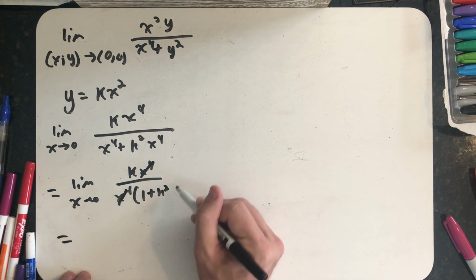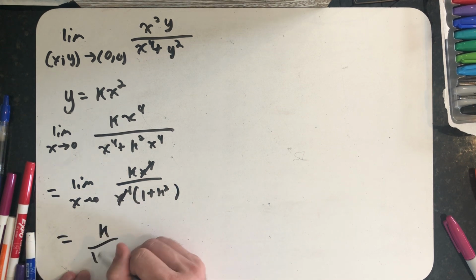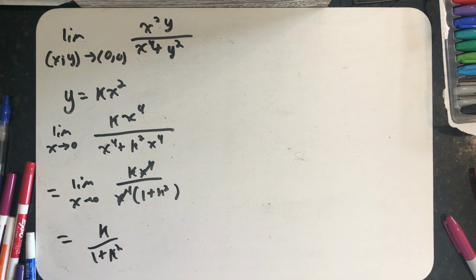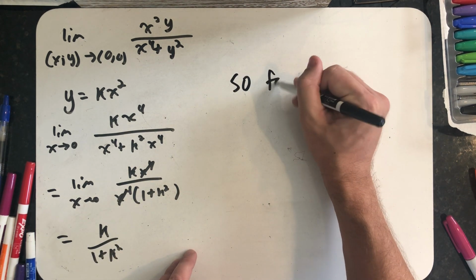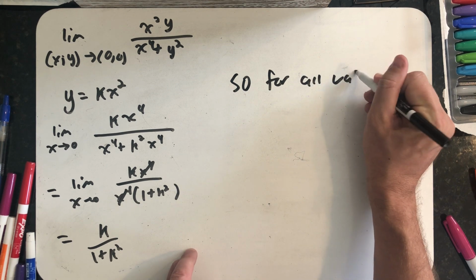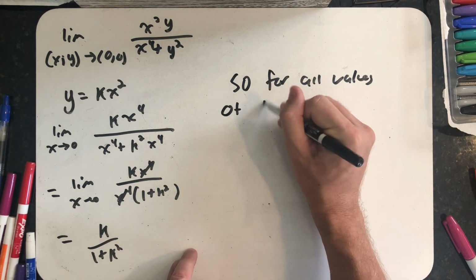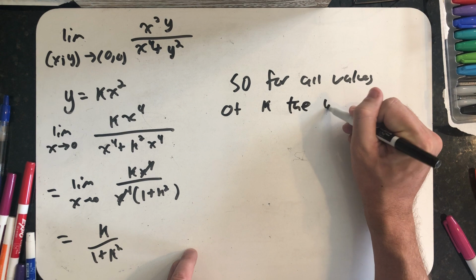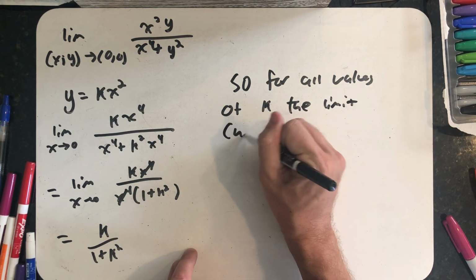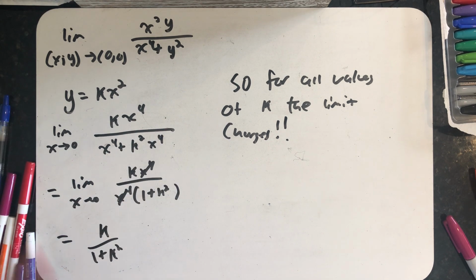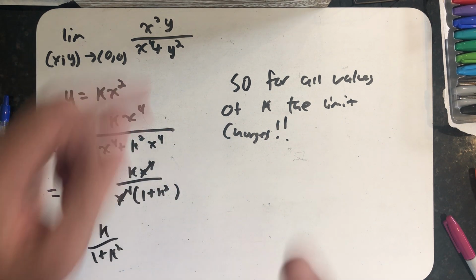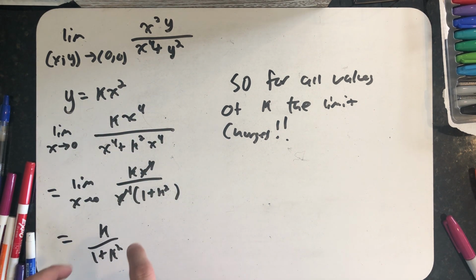And this limit goes to k over 1 plus k squared for whatever value of k we plug in. So literally, we have now infinitely many different paths. You plug in any k, we always get a different limit.